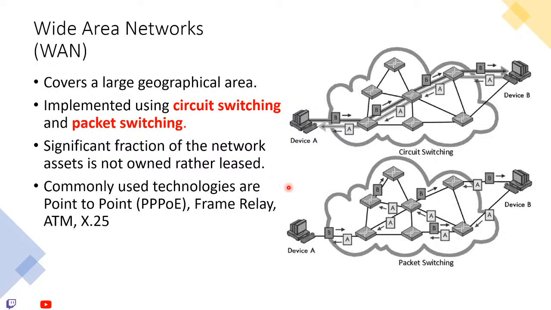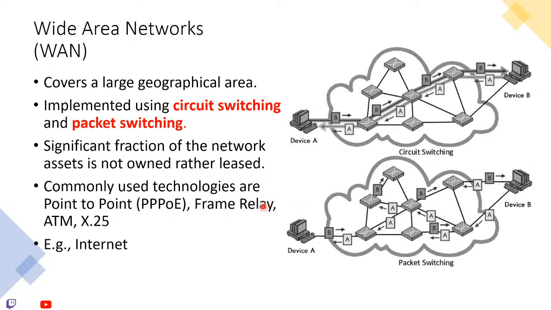So now commonly used technologies are point to point, PPPoE. Okay, these are the routers. These are the basic services which are given by the Nepal Telecommunications and similar to that, the frame relay, the ATM service, and the X.25. So the popular example is the internet.